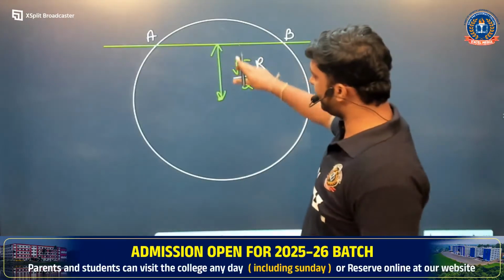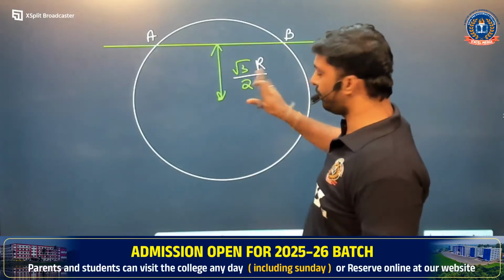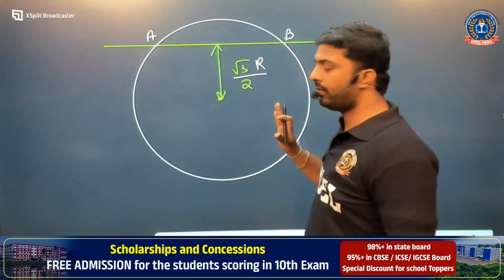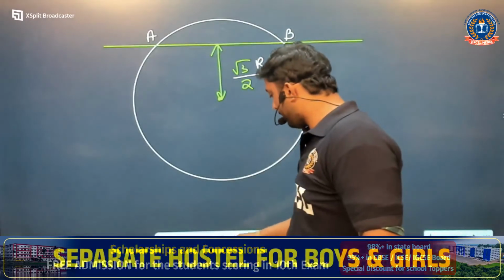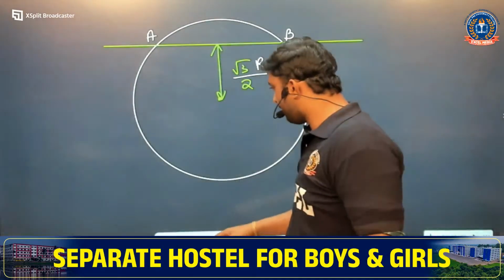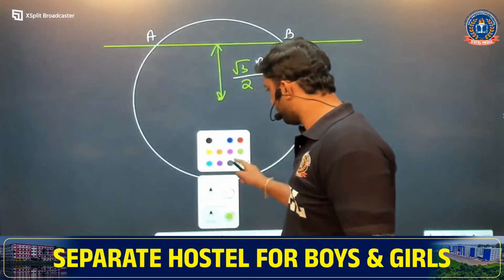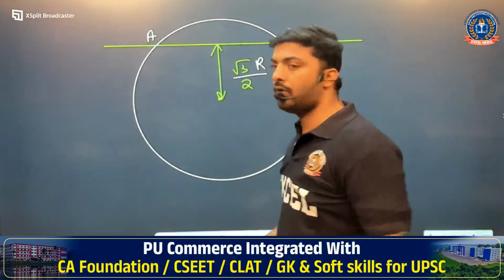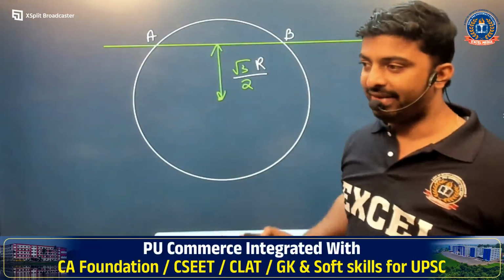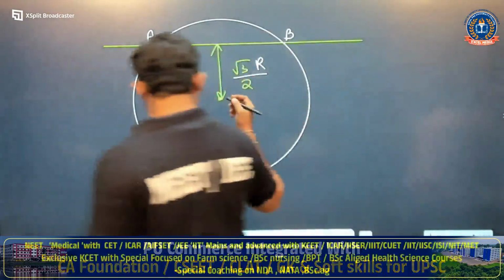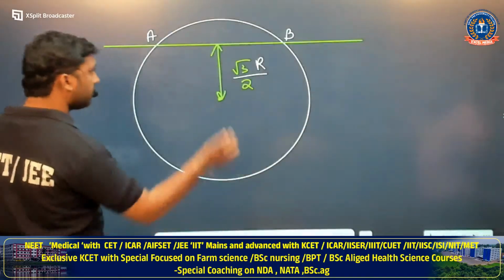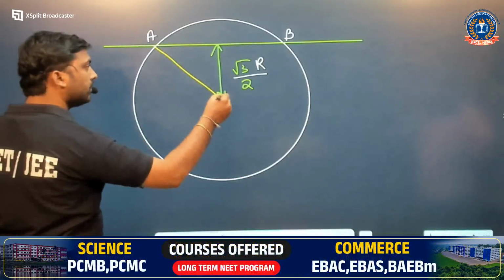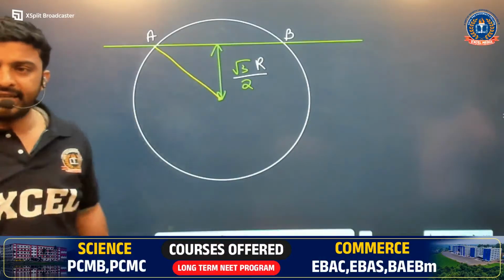The line is at a distance of √3 r/2. Find the length of AB. You should know some facts. Okay, I will draw a line from A to center.